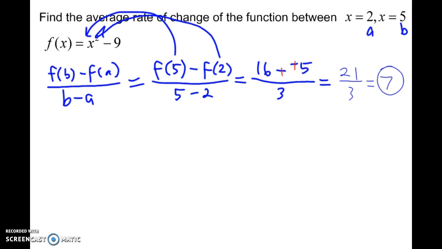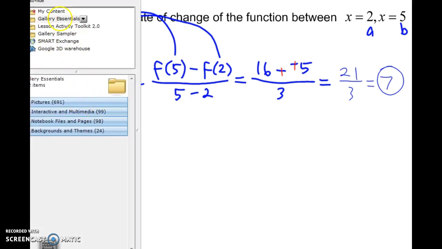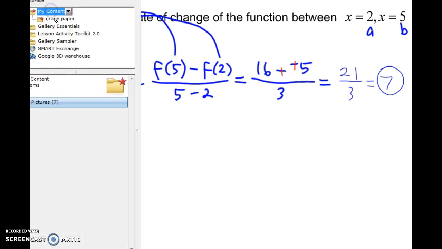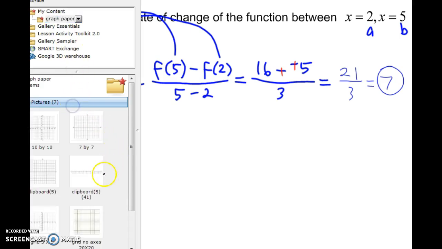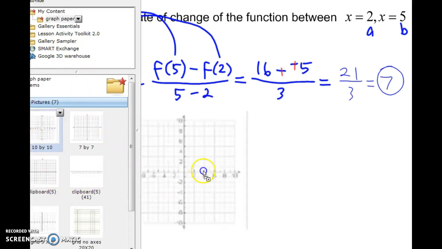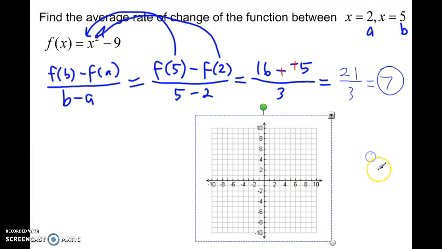Now, you certainly don't have to graph this at all. I'm just going to roughly sketch this out here so you have a sense of what this might be. I'm going to get some graph paper and roughly sketch it out. So this function looks something like this. If I were to graph x squared minus 9, there's a y-intercept right there.